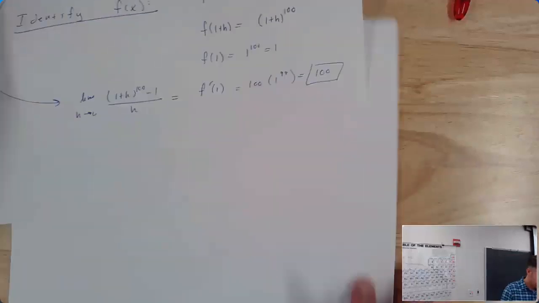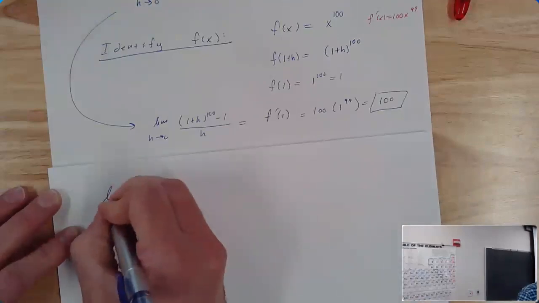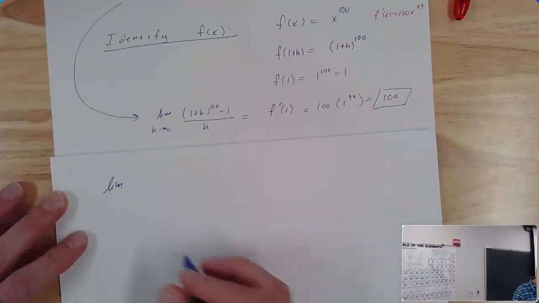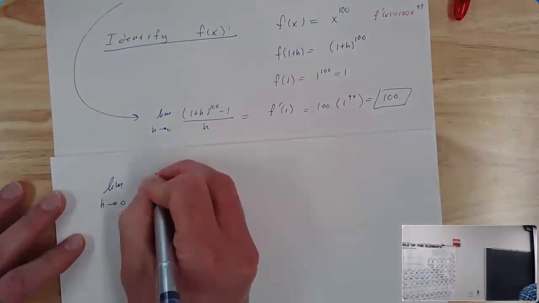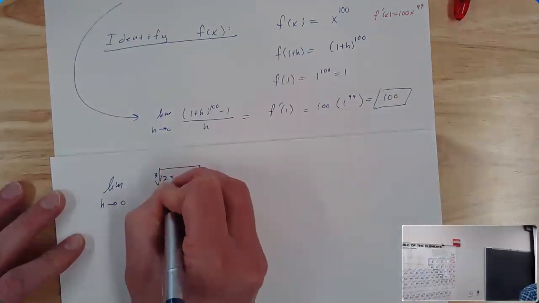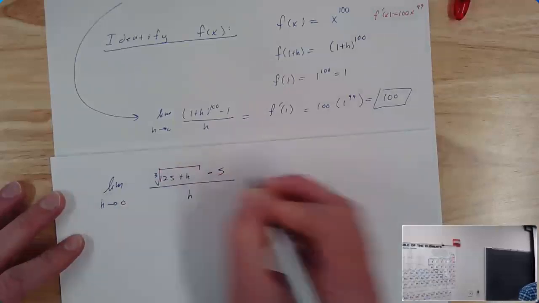Let's say I want to find the limit. In fact, I want you all to try this one. The limit as h goes to 0 of the cube root of 125 plus h minus 5 all over h.